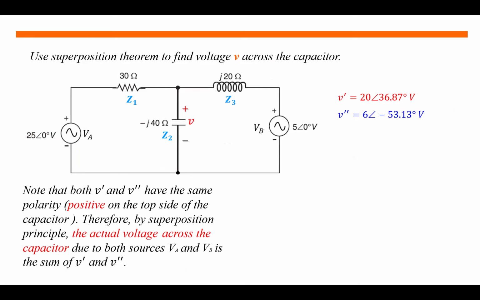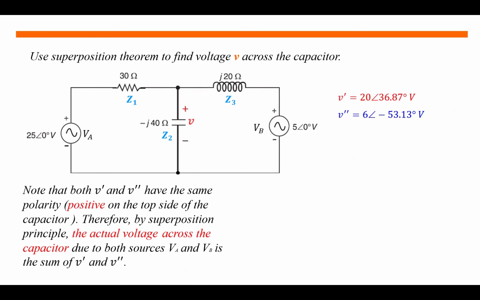Then, so we have already the value of V prime and V double prime. So note that both V prime and V double prime have the same polarity, positive on the top side of the capacitor. Therefore, by superposition principle, the actual voltage across the capacitor due to both sources V sub A and V sub B is the sum of V prime and V double prime.